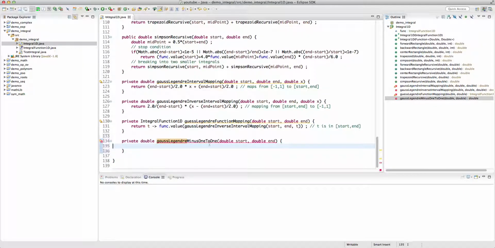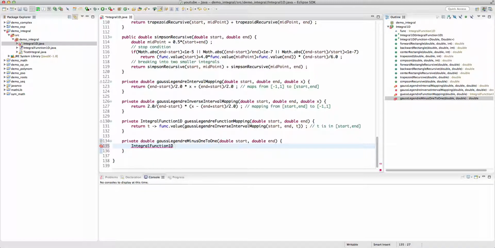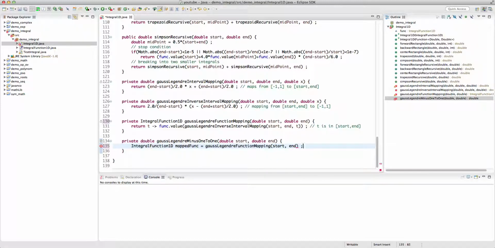So if I want to calculate this, I create basically an integral function 1D, let's say mapped, let's call this mapped func. I don't know why I'm making a mistake here, a typo. Gauss function mapping start end.